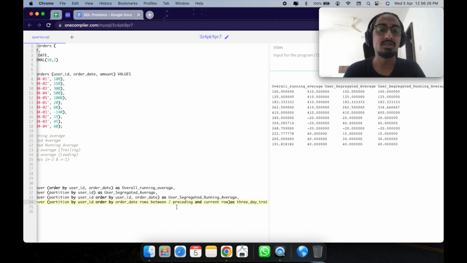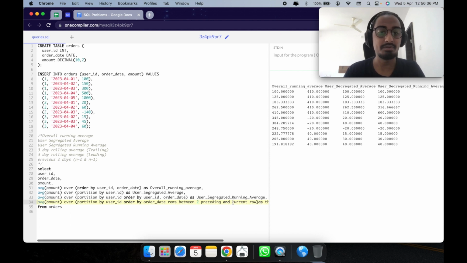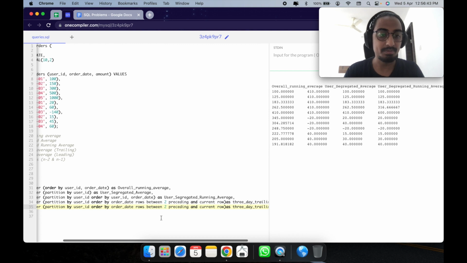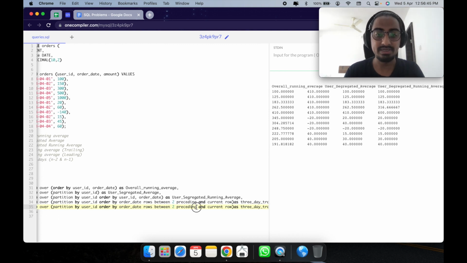Right, it works. Just to mention, both of them are inclusive. The two preceding and the current row are inclusive. Similarly, if you want to do the leading rolling average, I copy paste the same thing. Here, instead of preceding, you use the current row and two following.